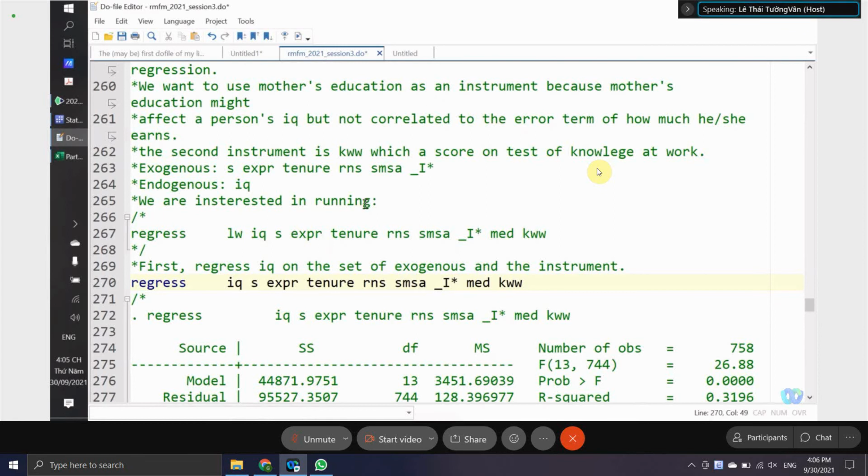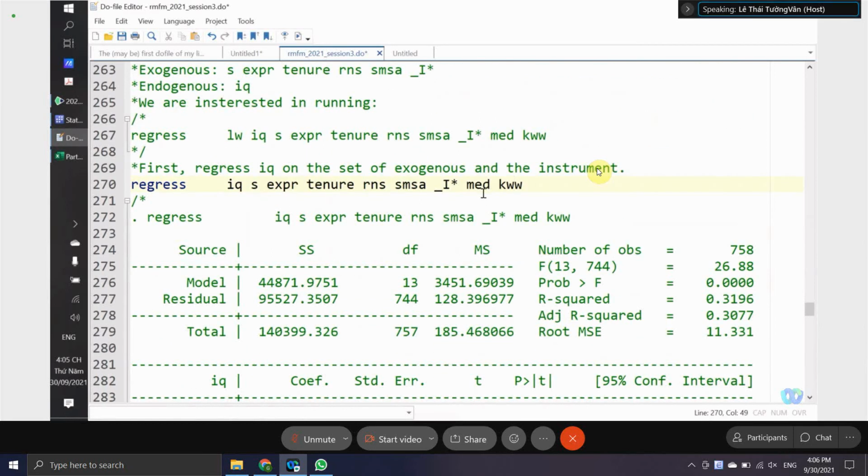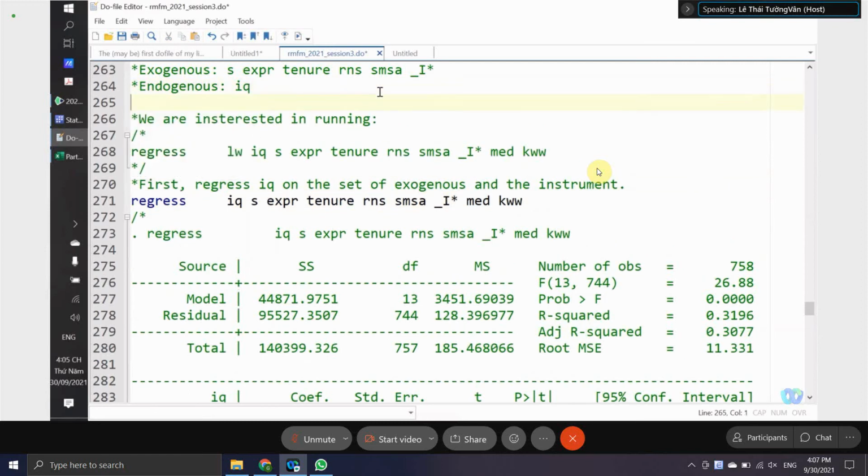But come on, I'm saying that because there is a reason behind why we choose our instruments. Our instruments are the mother's education and the knowledge at work score.